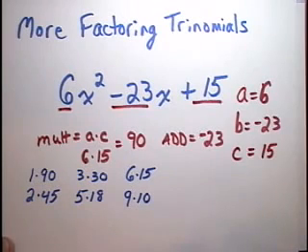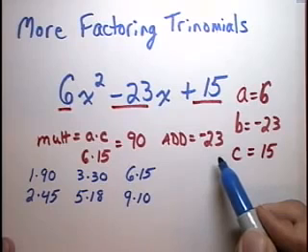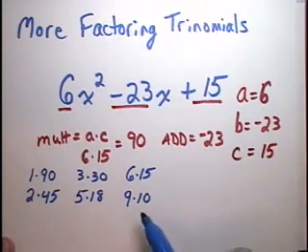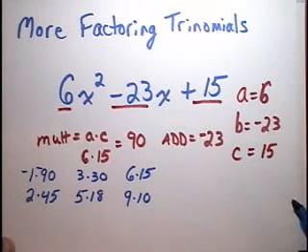But how am I going to add those two numbers together to get a negative number? Well, the two numbers would have to both be negative, because if I had a negative 90 and a negative 1, if both numbers were negative, they would multiply together to give me a positive value. However, it's easy to see that those are not going to add together to be negative 23.